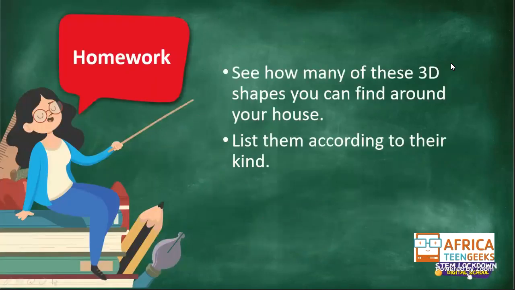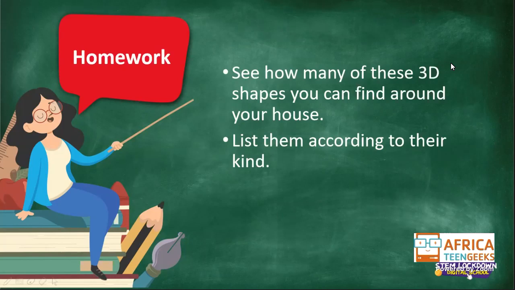Right, your homework. I want you guys to see how many of these 3D shapes you can find around your house. So if it's a bottle or a Pringles container or toilet roll or something circular, maybe an orange, or a tablet. What shape is a tablet?